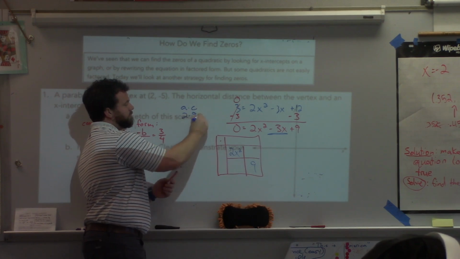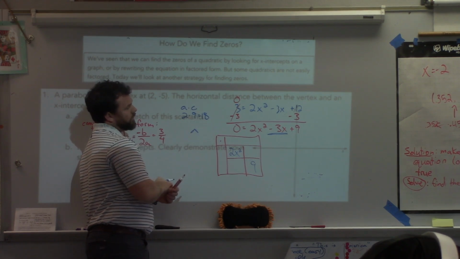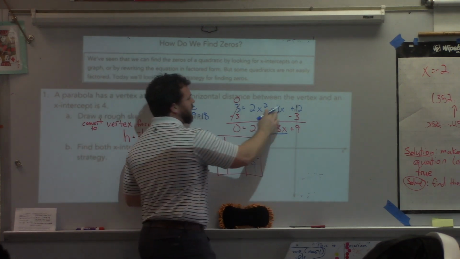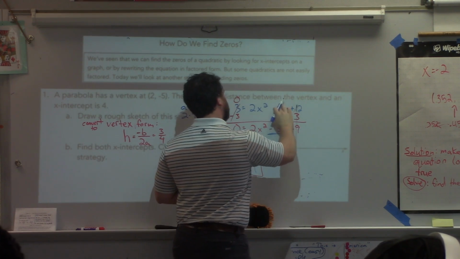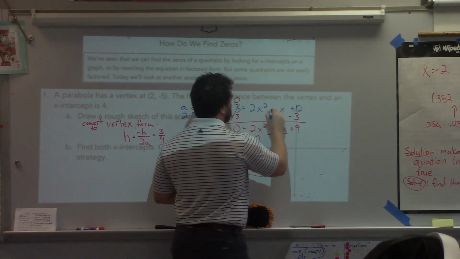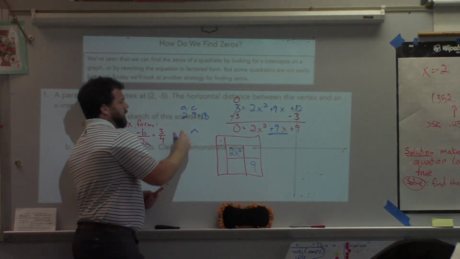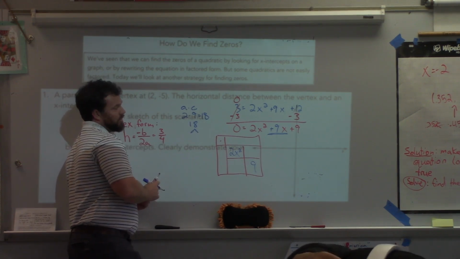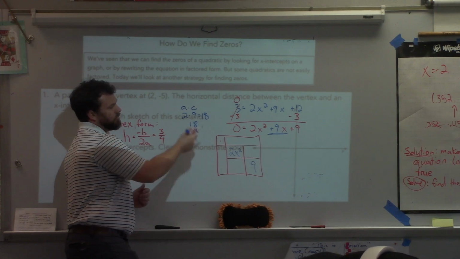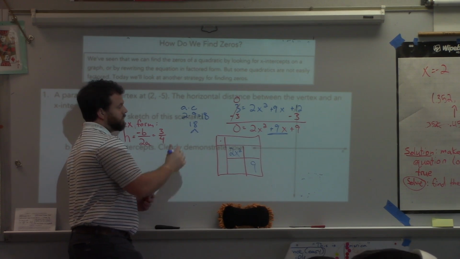So what does that give me? Hold on, I actually screwed up this one that I was planning on doing in the first place. So, are there factors of 18 that could add up to, now I made it 9. What are they?